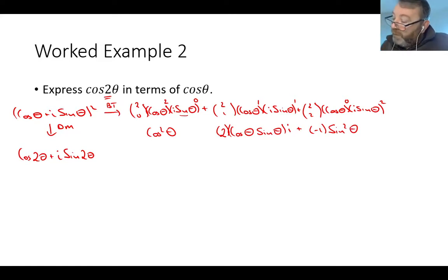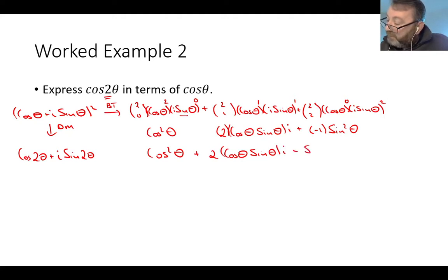Okay, so when I come back to these and tidy them up, what do I get? Cos squared theta plus 2 cos theta sine theta i, and then minus sine squared theta. And because that is the answer to the de Moivre expansion, and that is the answer to the binomial theorem expansion, we can equate them both because it's the same starting point that's being expanded.